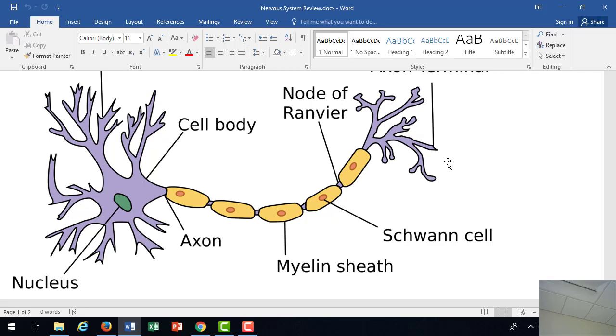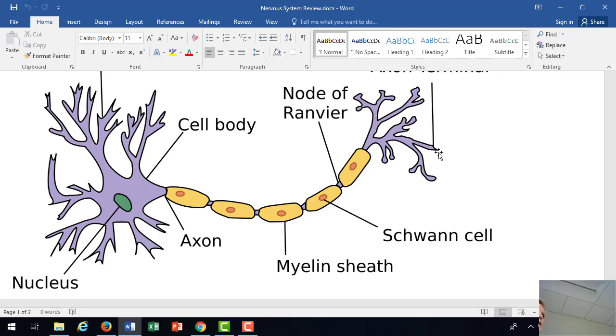And that acetylcholine will bind to receptors on the dendrites of the next neuron in series. And again, that would be an example of a ligand-gated channel that's receiving that acetylcholine on the dendrites of the next neuron and then stimulating an impulse in that neuron. Or that acetylcholine released from these axon terminals could be binding to the plasma membrane of a skeletal muscle cell that has receptors for acetylcholine.